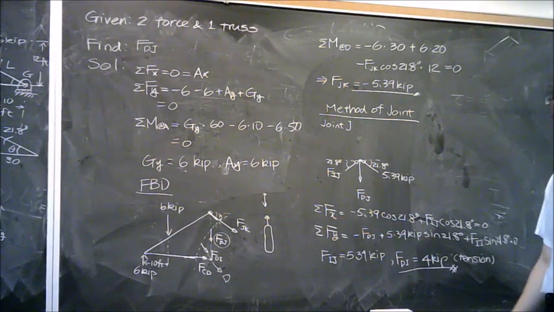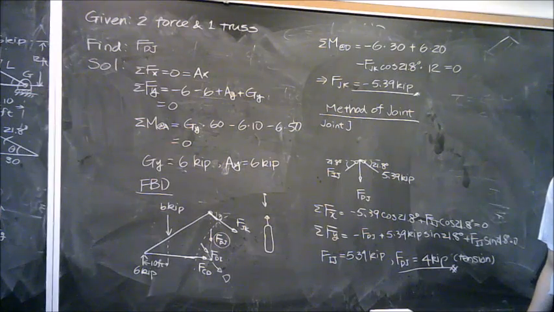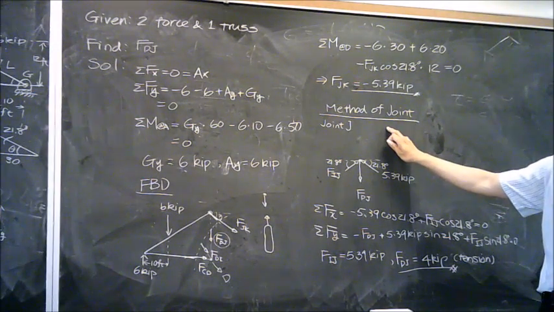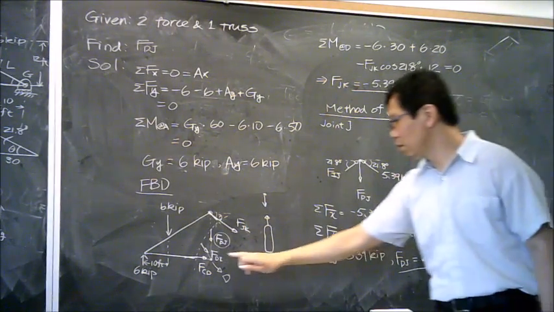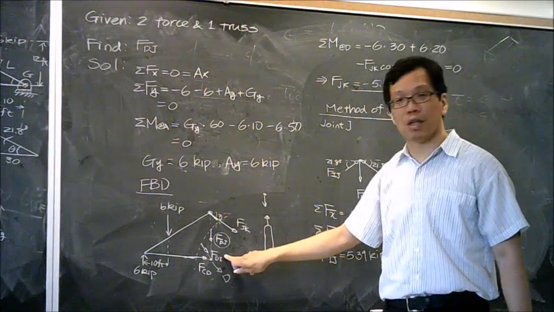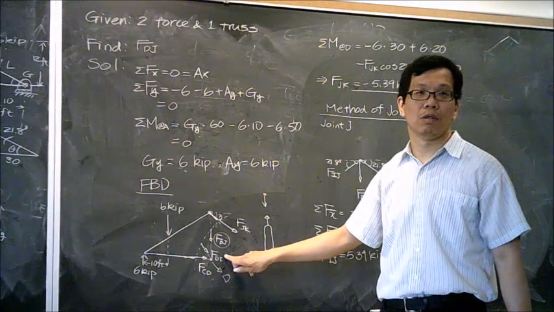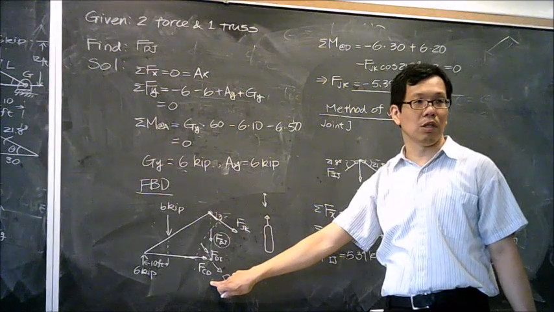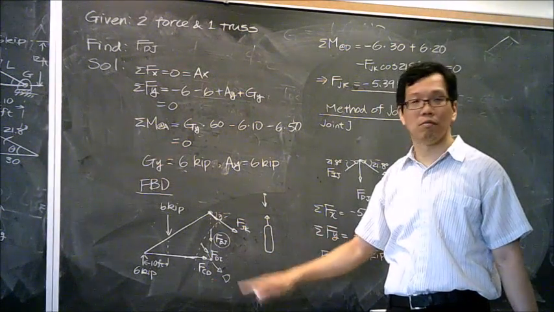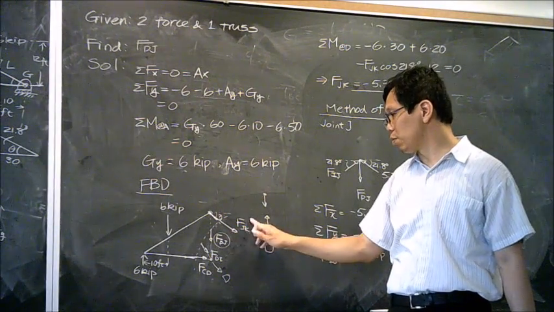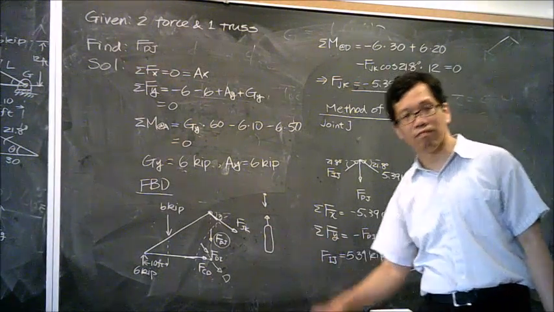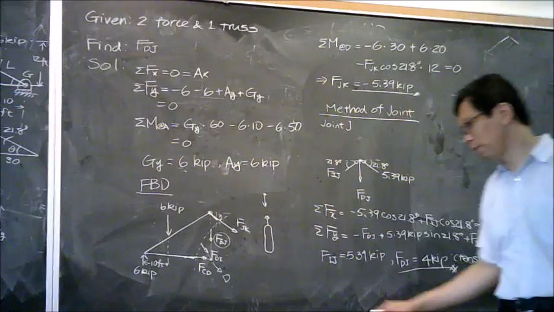If you find you have more unknowns than equations, then consider method of joints, because method of joints is going to eliminate some of the redundant forces, which are FCD and FDI in this case, they are not necessary, right? So for everything I solve over here, do I know FCD? No. Do I know FDI? No. I only know this force and this force, and this is something necessary before we move on. So that is how we approach this kind of problem.